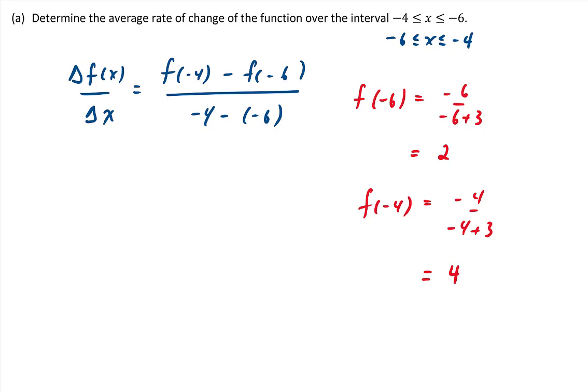Sub these values into our quotient, and we have 4 minus 2 over -4 minus -6, so that's -4 plus 6. So that gives us 2 over 2, which gives us an average rate of change of 1. So this is the slope of the secant from -6 to -4.